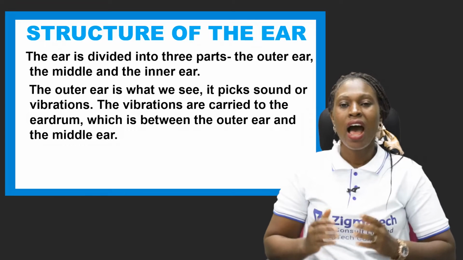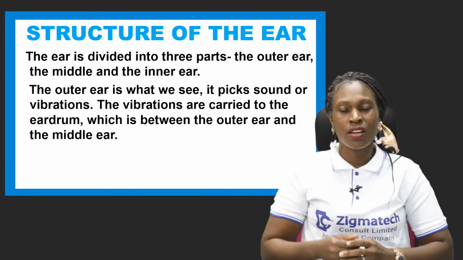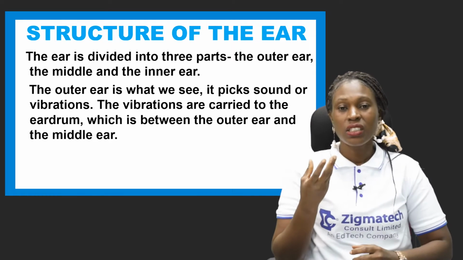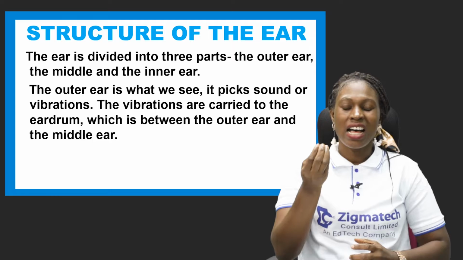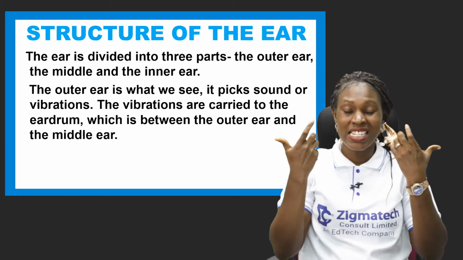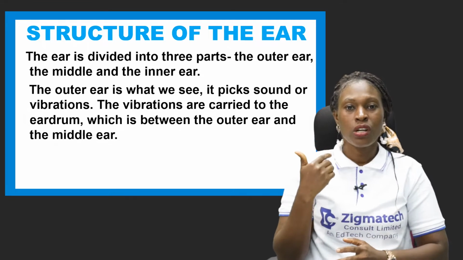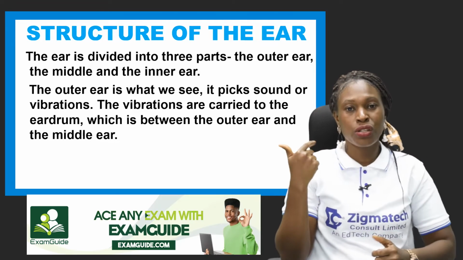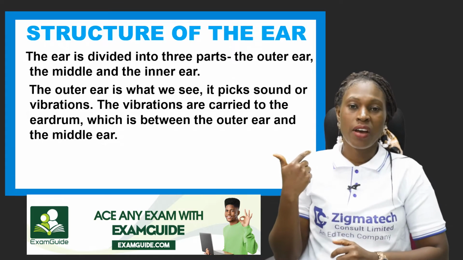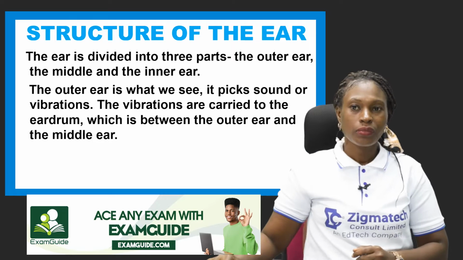A whole lot happens in the middle ear and the inner ear. They get all that they need to function well from the outer ear. So you need to be very careful about what is put into the ear, not to cause obstruction and ill effects to what happens inside the inner ear.